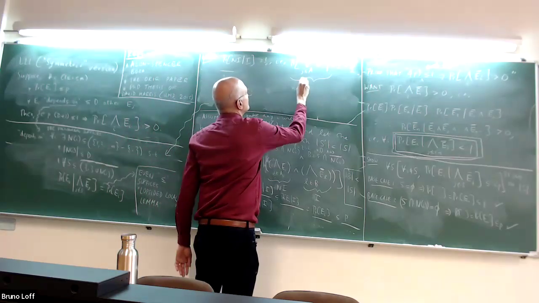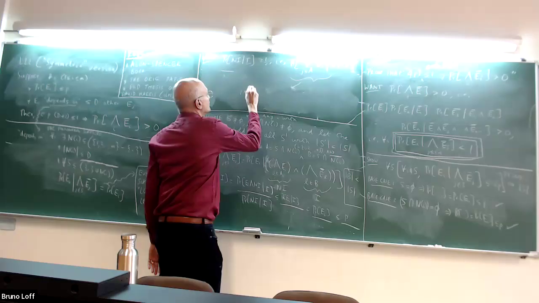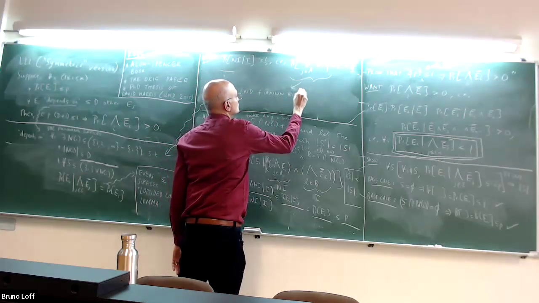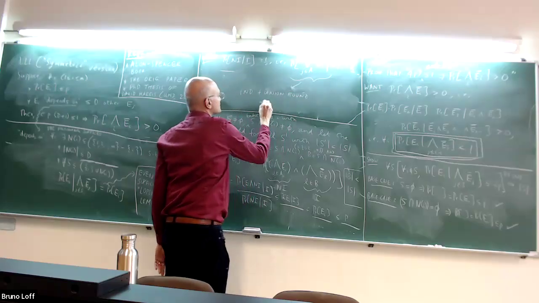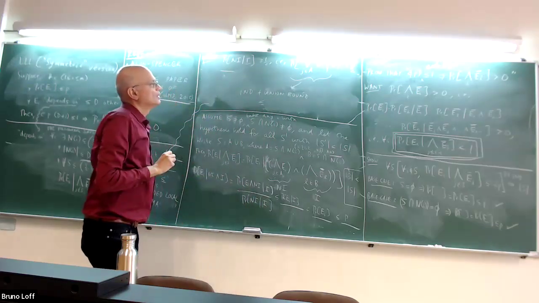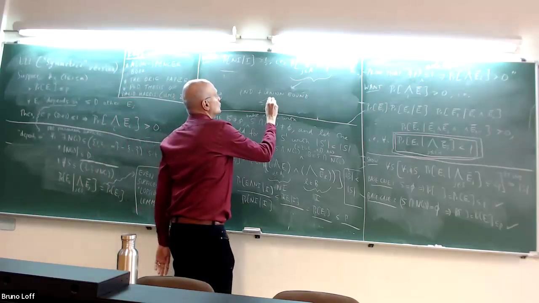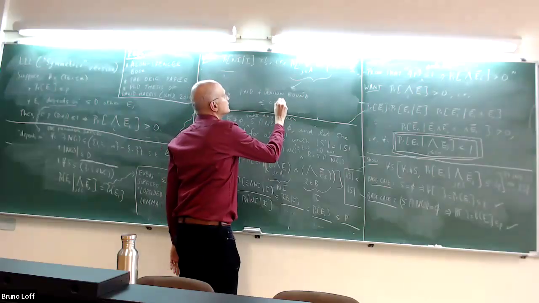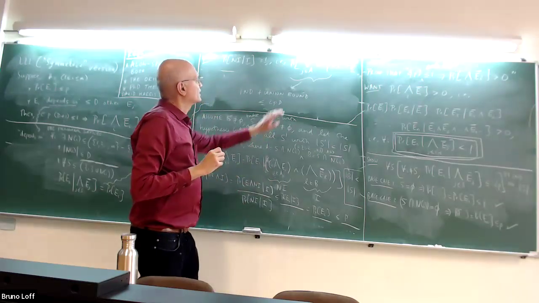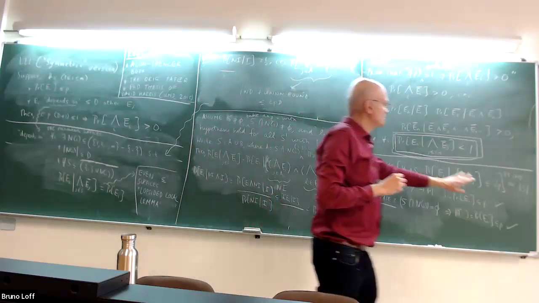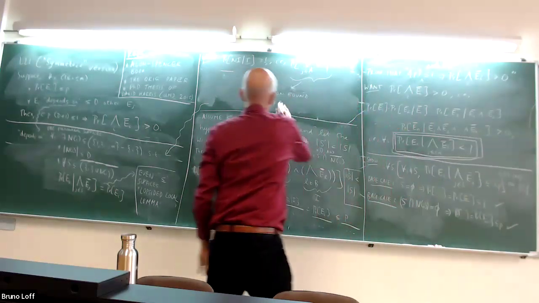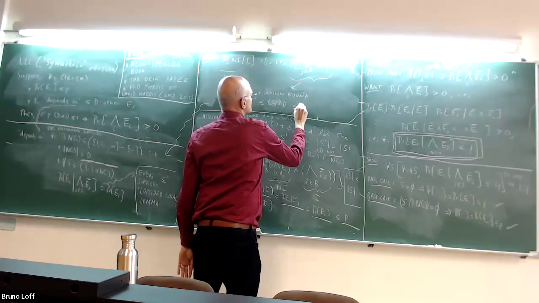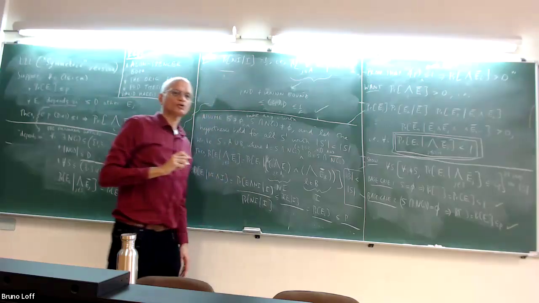Induction plus union bound gives you that this is less than or equal to 2PD. There are D terms here, each of which is at most 2P. So 2P multiplied by D is less than or equal to half, which is what you have to show.